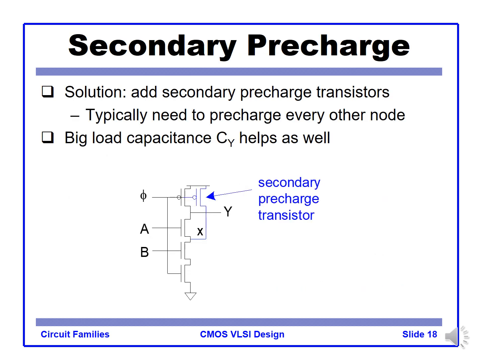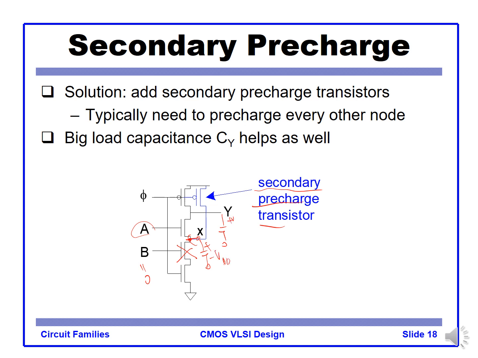To prevent such a problem, we use another secondary precharging transistor, so that we precharge the intermediate node to VDD as well. So even though A is on and B is off, the charge sharing doesn't happen, because the intermediate node is already charged to VDD.